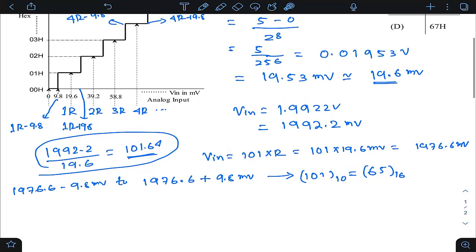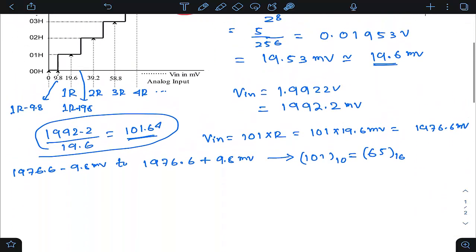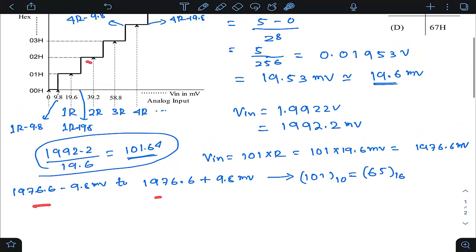That is why I explained this logic, this range. So 101 into R is this value, plus or minus 9.8 millivolts for this entire range as per the waveform given. The answer would be 101 decimal, which is 65 in hexadecimal.